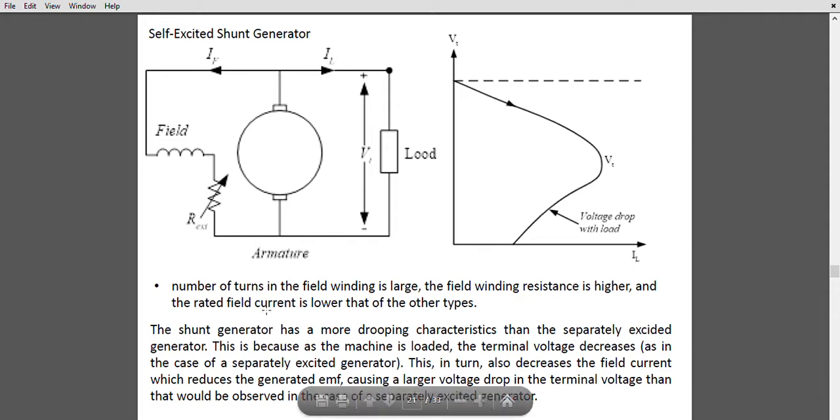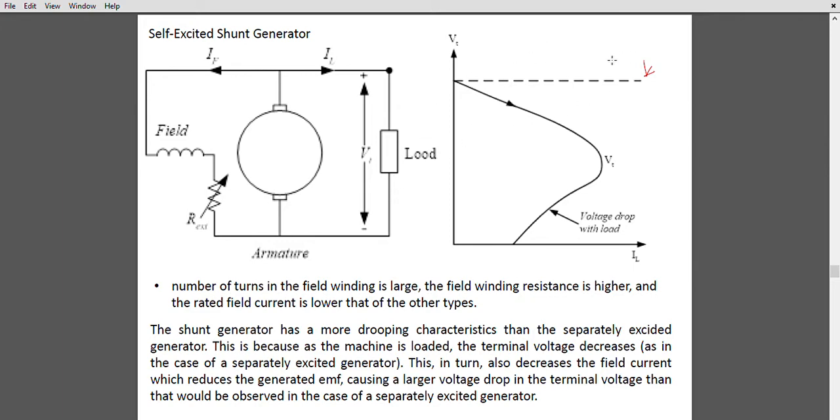Now let's see that the excitation field is entirely dependent on the number of turns that is being put into the shunt field, right? So we can see that this is the ideal condition for the generator.